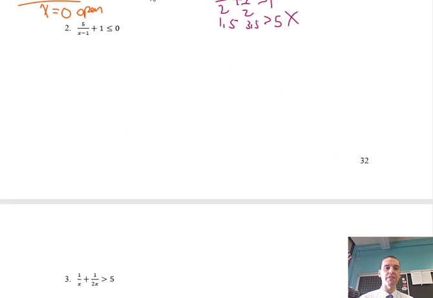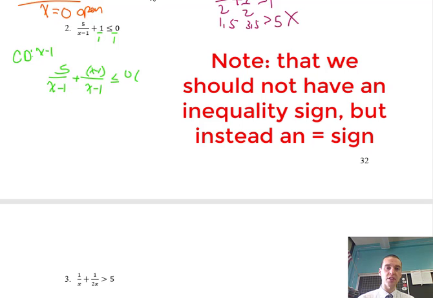For number 2, we have 5 divided by x minus 1 plus 1 is less than or equal to 0. Our common denominator here will be x minus 1. Why? Well, we have everything else divided by 1s. So we rewrite this as 5 over x minus 1 plus x minus 1 over x minus 1 is less than or equal to 0 times x minus 1 over x minus 1.